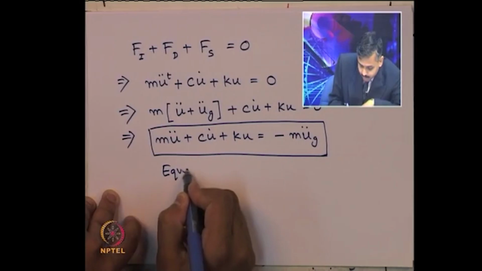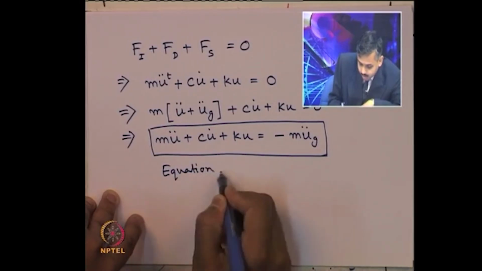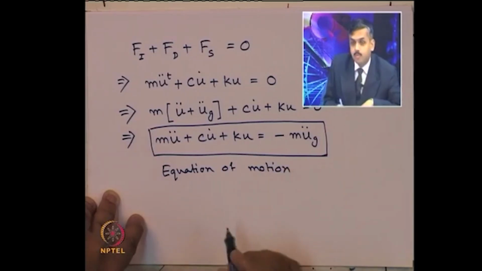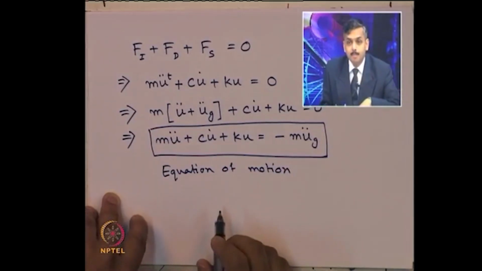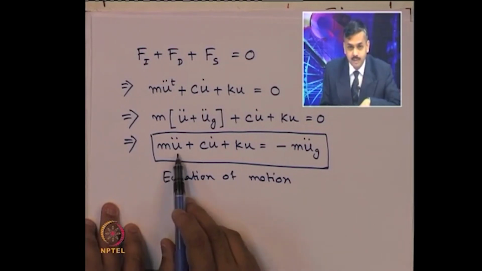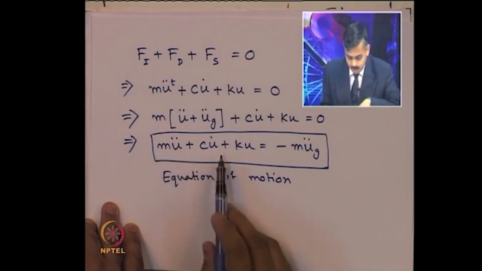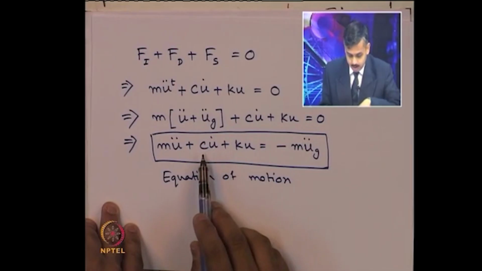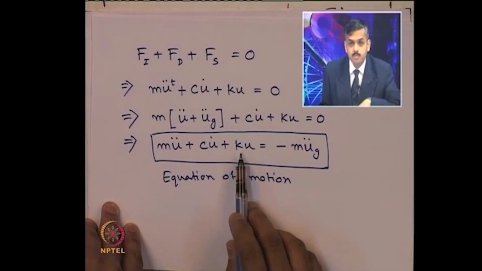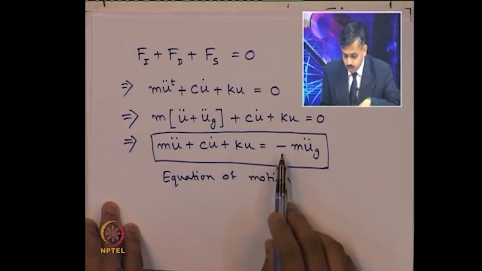This is the basic equation of motion for any earthquake, which we can simplify in this form: the relative acceleration times mass, plus relative velocity times damping constant, plus relative displacement times the spring constant, will be equal to minus sign.